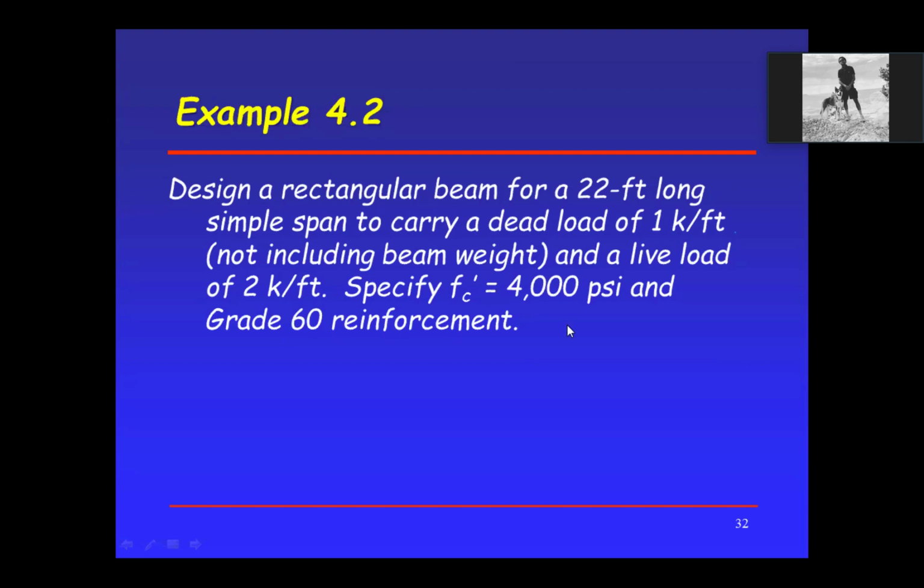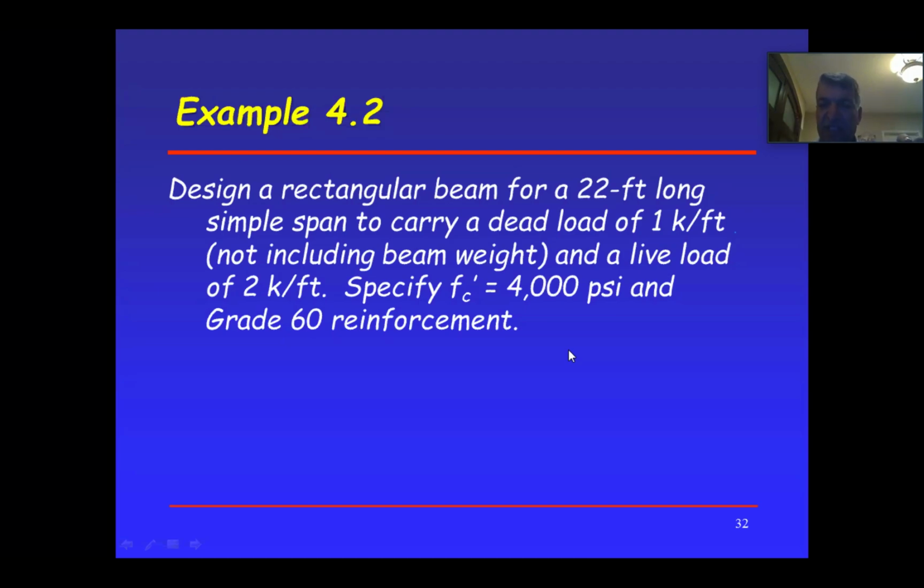So you're encountering two different loads, dead loads and live loads, at the same time, right? Absolutely. And this is the case all the time. You will always have that in real life. Why? Because the dead load is coming from the weight of the slab. That's dead. It's not moving. It's just sleeping there.